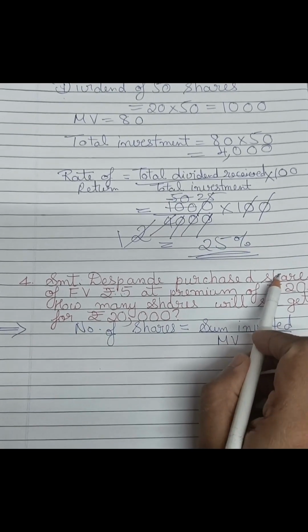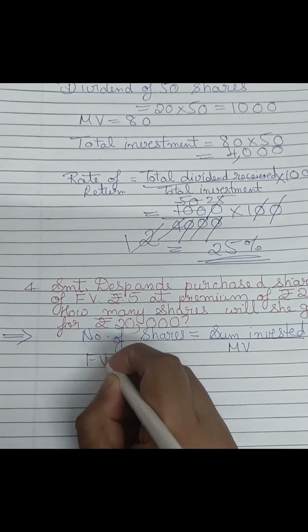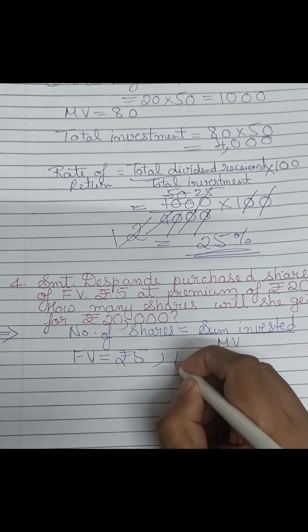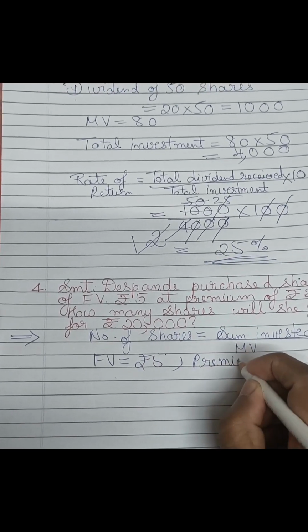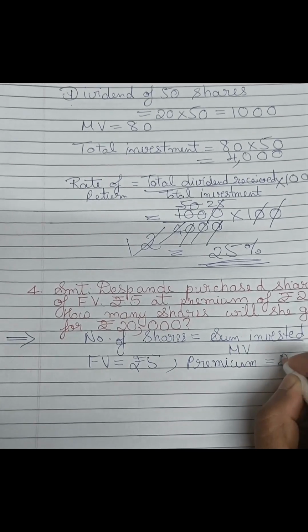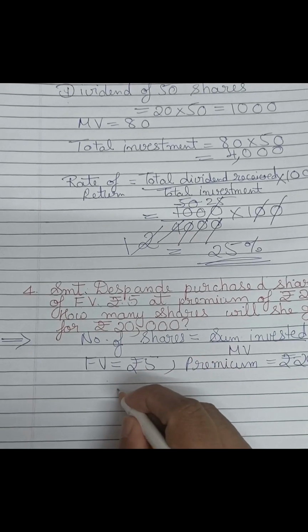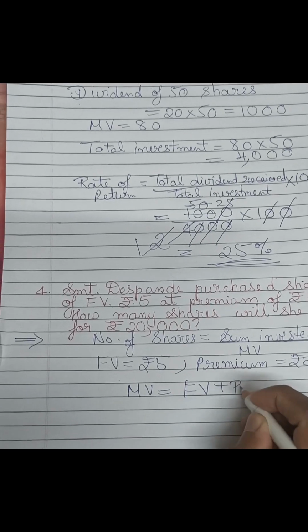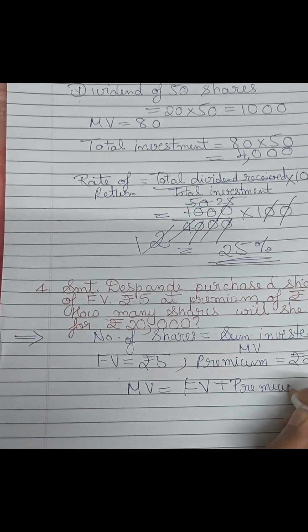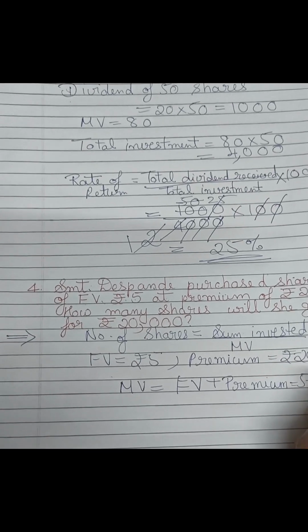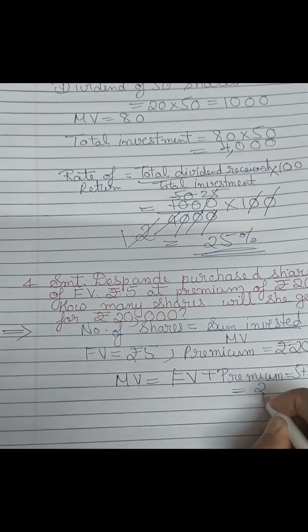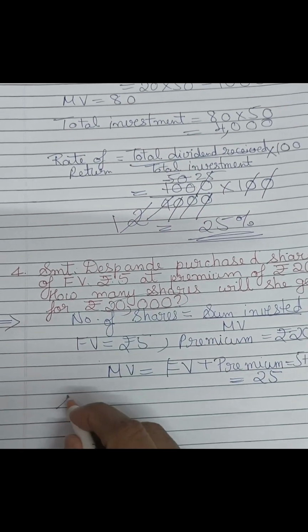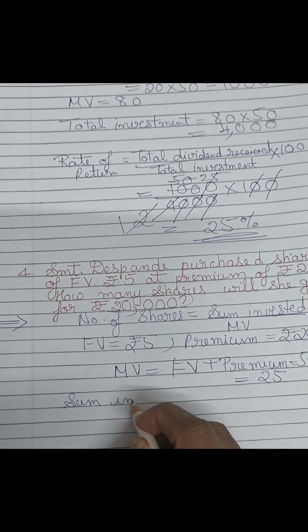So here you have a face value of 5 rupees and premium is rupees 20, correct? So you know that MV is equal to FV plus premium. 5 plus 20 will give you 25. Correct? And they have given you, she gets 20,000. So this is sum invested.